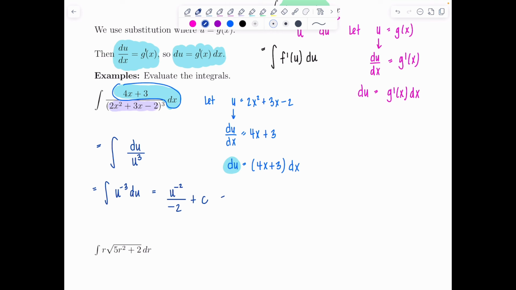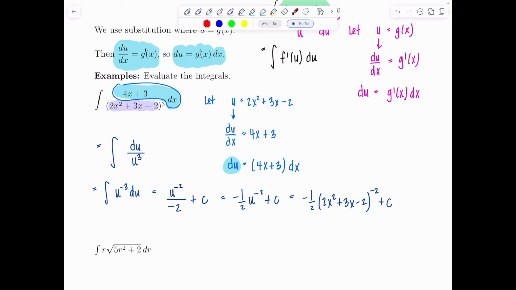Okay, so this is negative 1/2 u to the negative second plus c. So I'll write that as negative 1/2. What was u? It was 2x squared plus 3x minus 2 to the negative second plus c. So once you find the antiderivative, nobody wants it with u's in it. You have to give back the answer using the original variable of the integral.